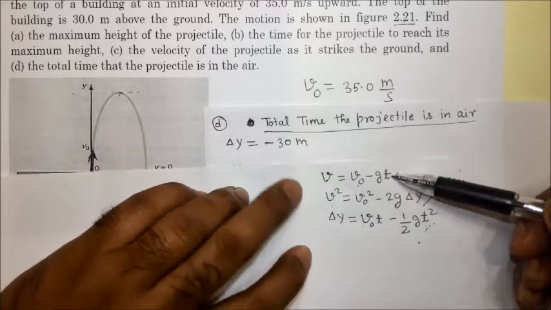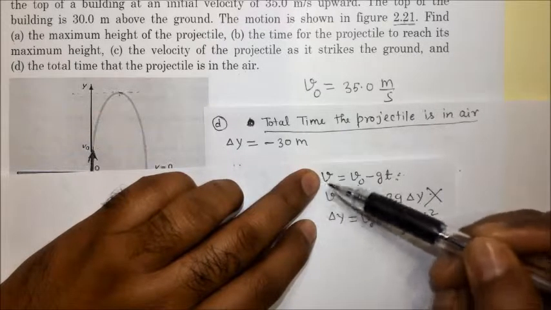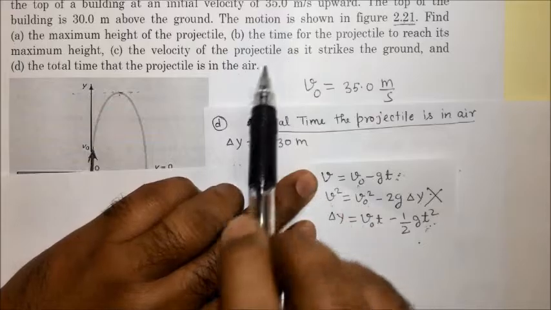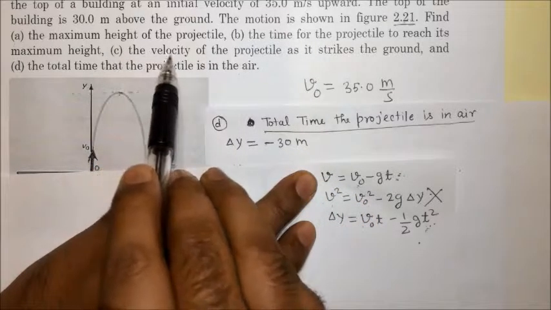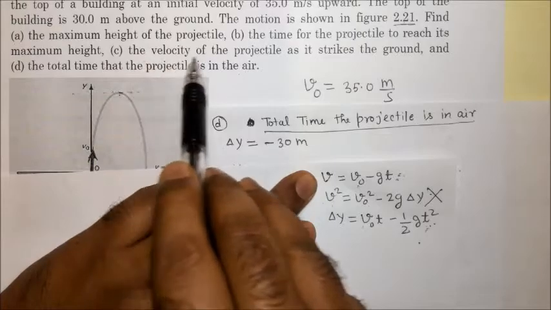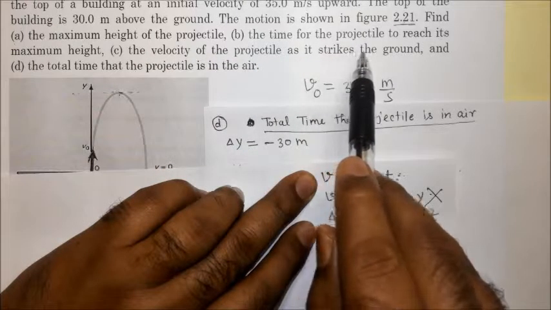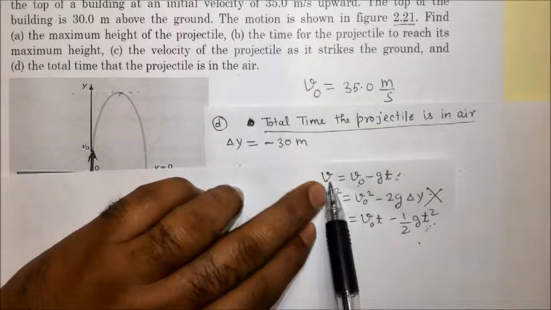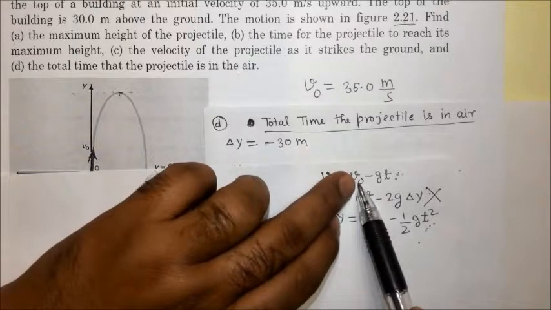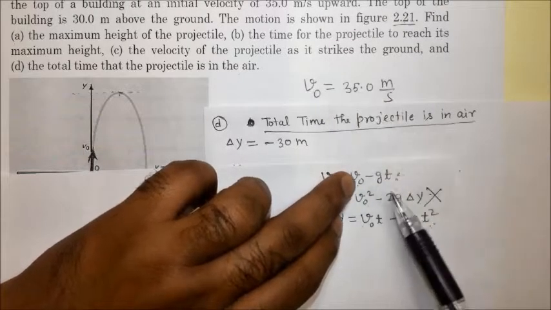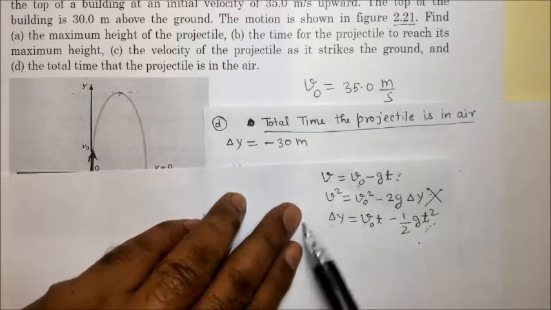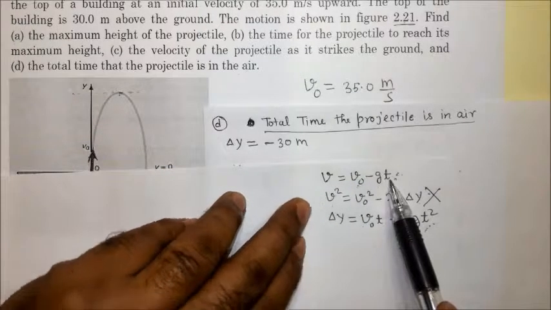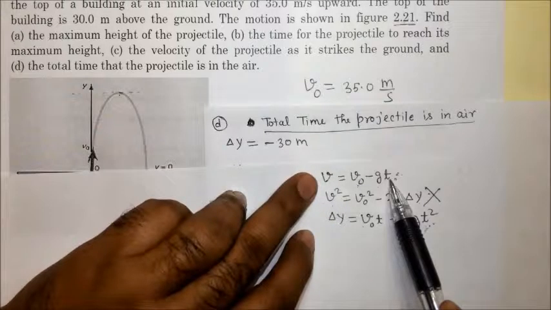If we use this equation, I have to use V final that we have calculated in the previous part of this problem in section C, the velocity of the projectile as it strikes the ground. You can insert that number here. You know already V initial, and you know g is 9.8 meter per second square, and then you can find the time. It's not a problem.